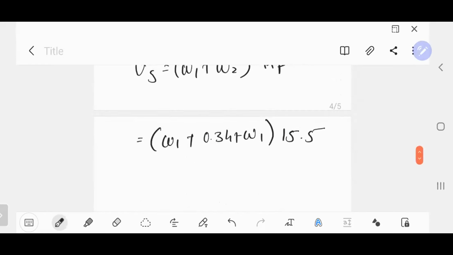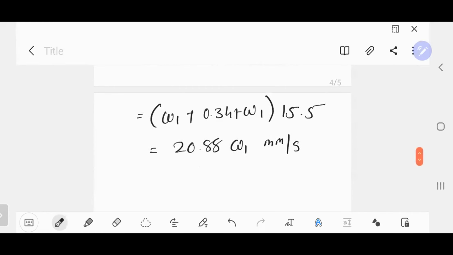So now you will have the answer. I'm giving you the direct answer: 0.88 omega 1. You still have the answer in the form of omega 1 mm per second.